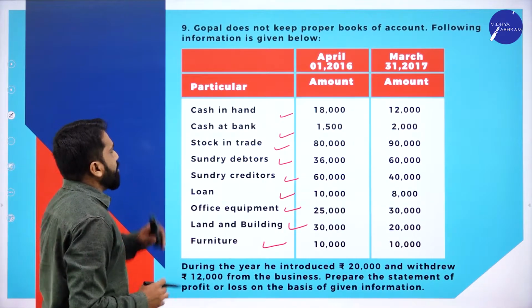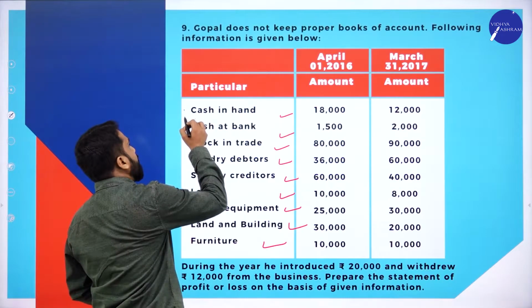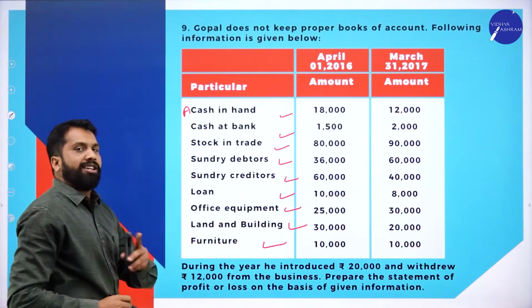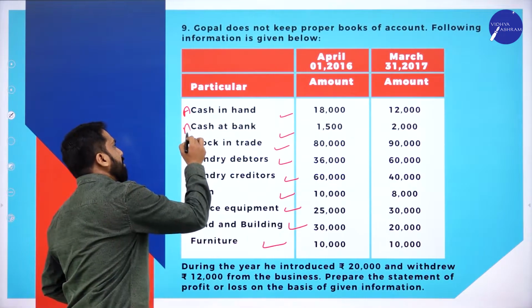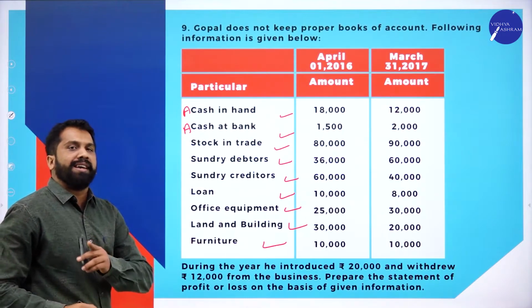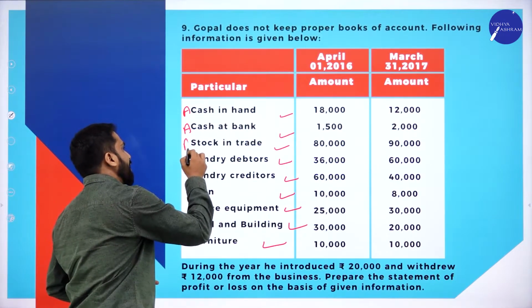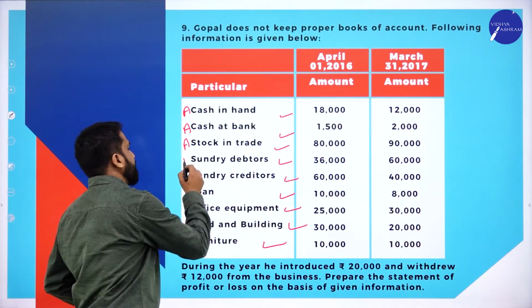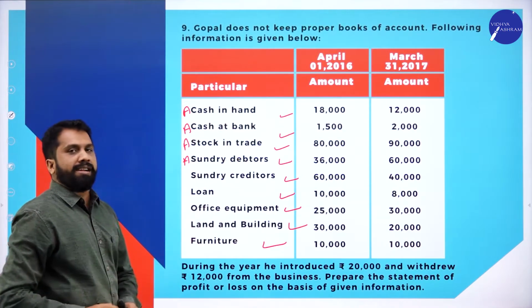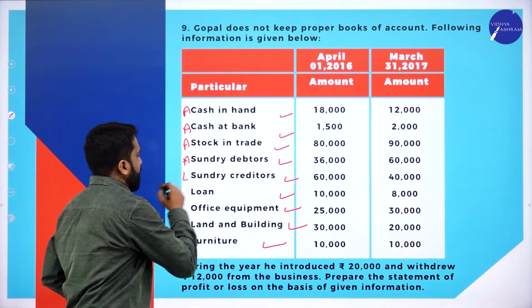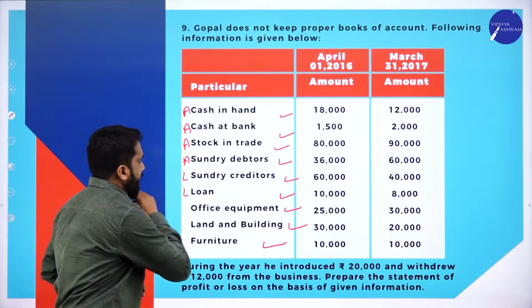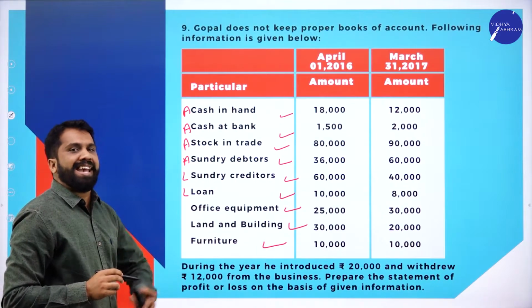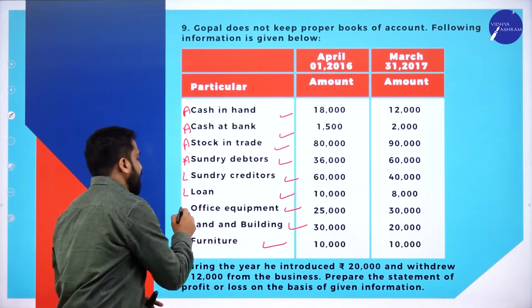Cash in hand is an asset. Cash at bank is an asset. Stock in trade is again an asset. Sundry debtors, asset. Sundry creditors, liability. Loans, liability. Office equipment is an asset.